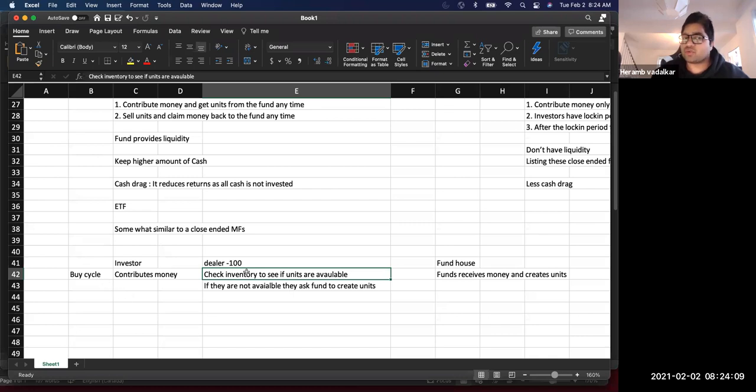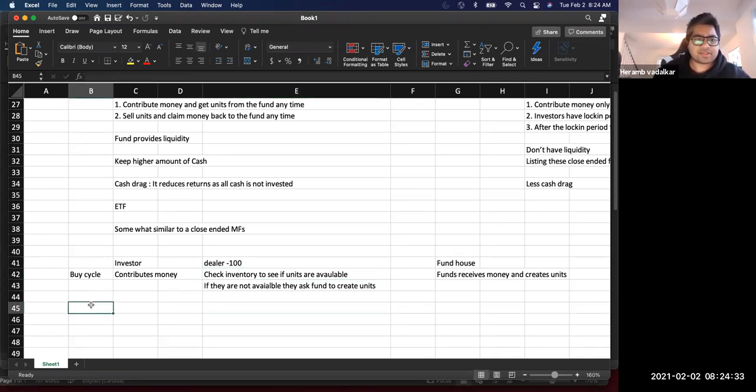Whenever he gets new money, he will provide that new money to the fund house, and the fund house will create additional units and give them to the dealer. So it is a constant cycle. If the units are available with the dealer, they provide them to investors. If units are not available with the dealer, then they go to the fund house to create additional units.